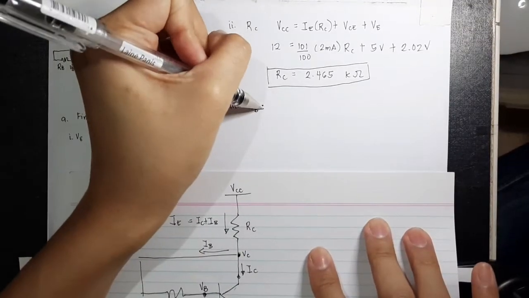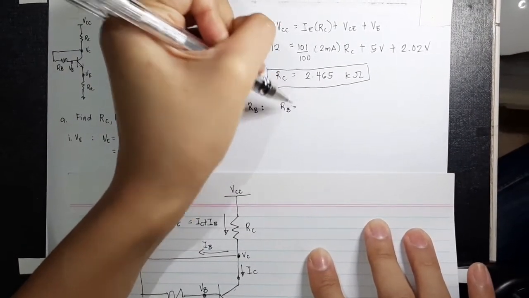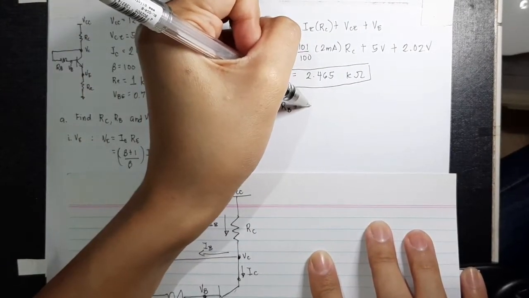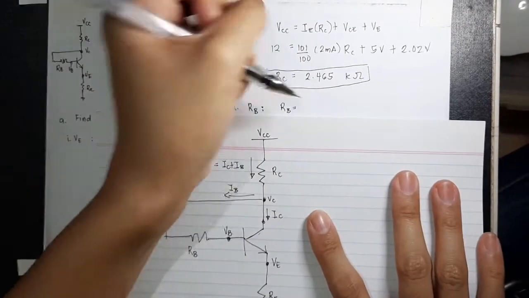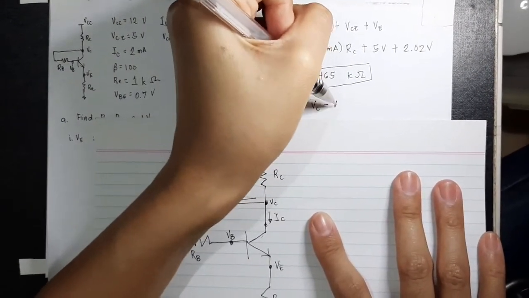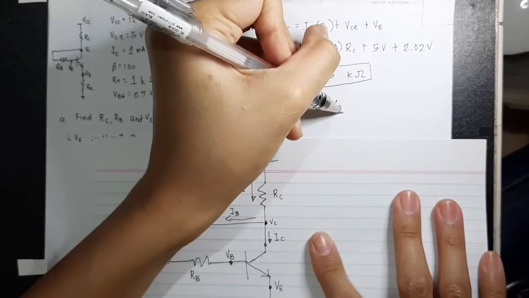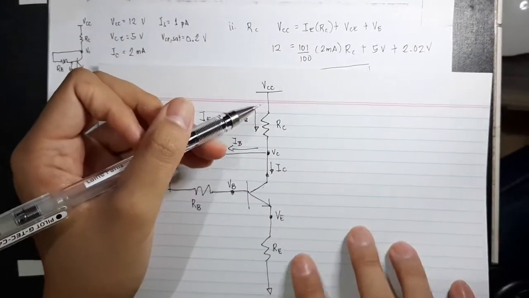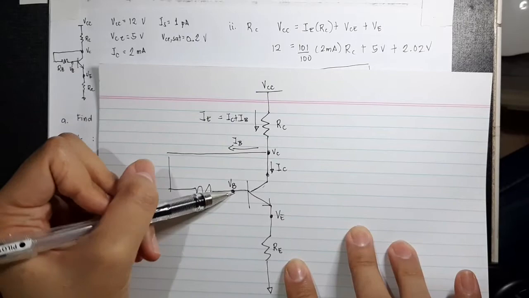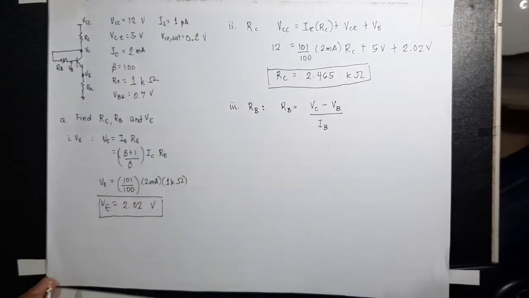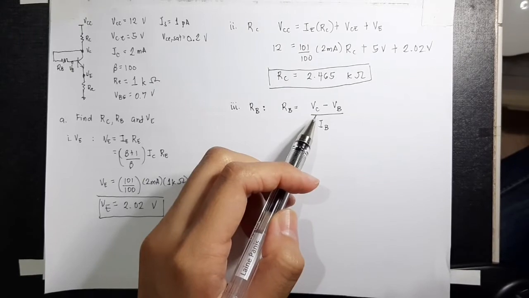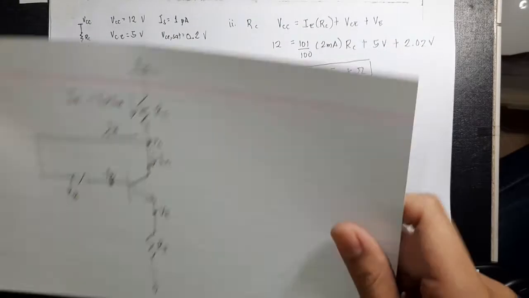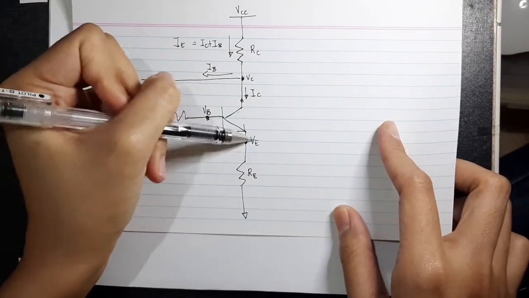So, RB is equal to VC minus VB over IB, where VC is the voltage at this node and VB is at this node. We can get the value of VC by adding VCE plus VE.